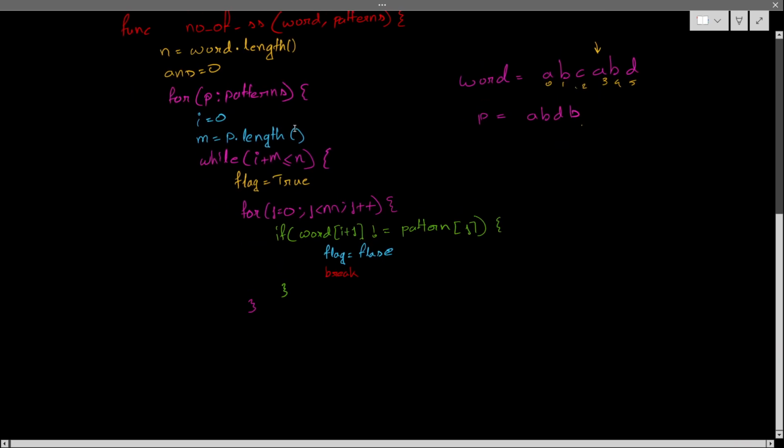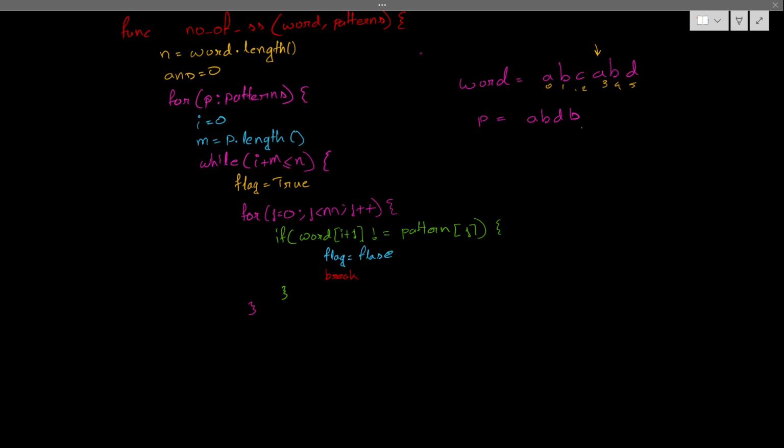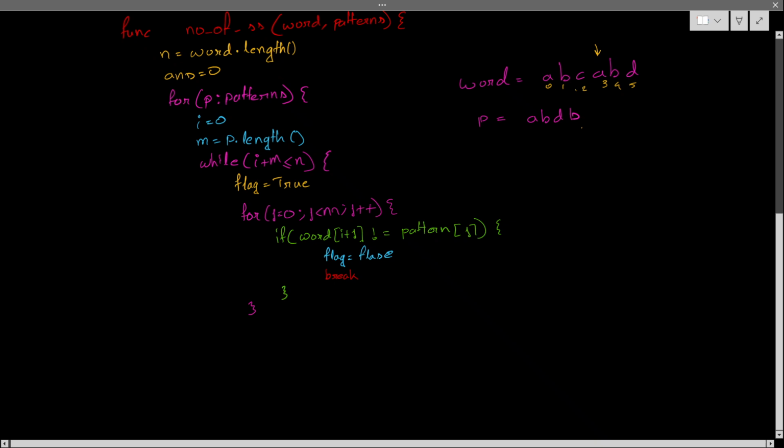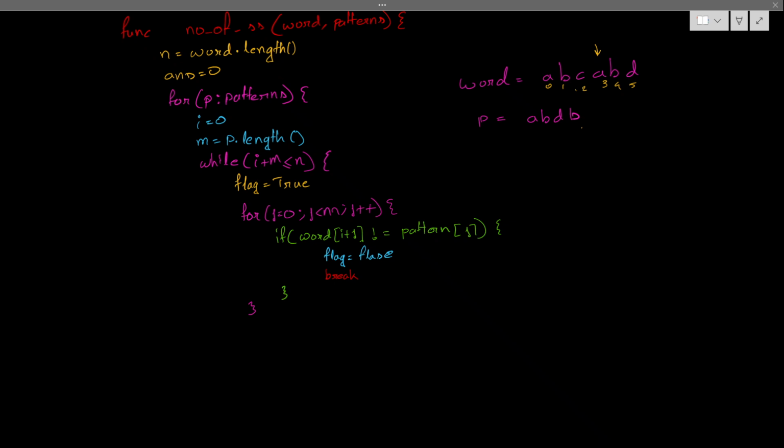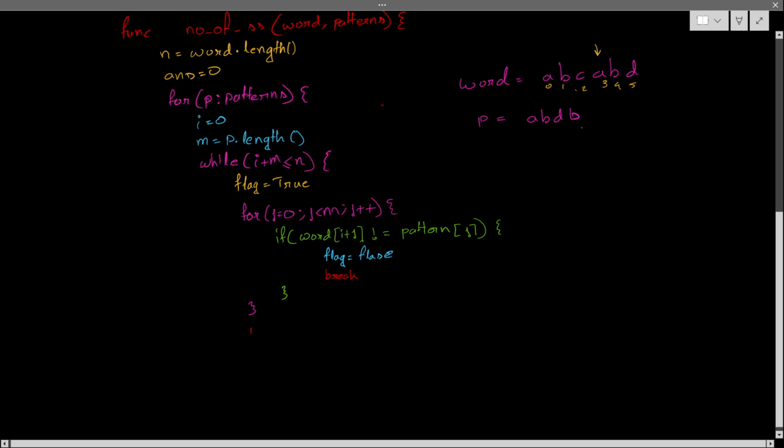So this is how the inner loop ends. Now for the second while loop, at the end, wait a minute, not this one, this one.